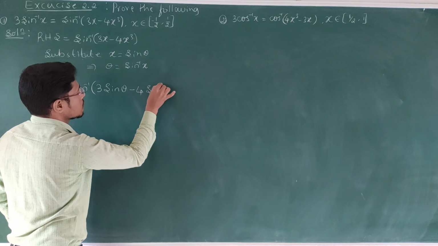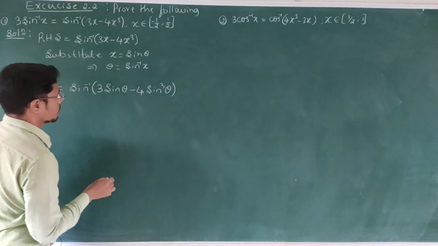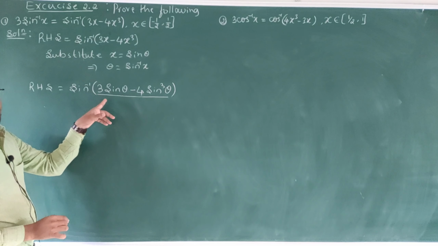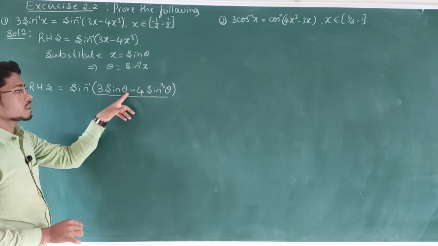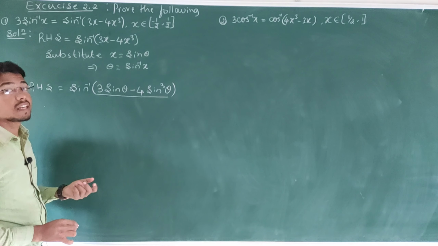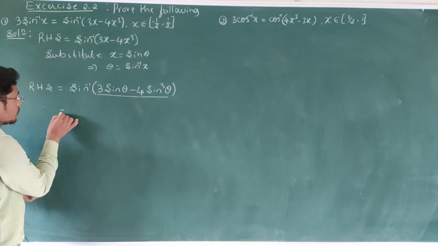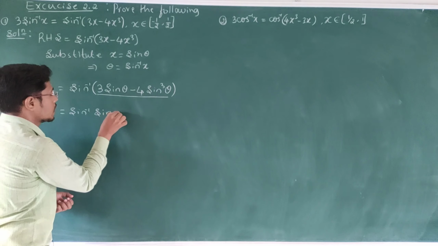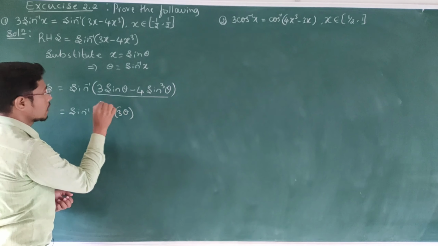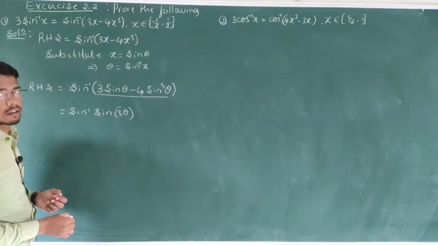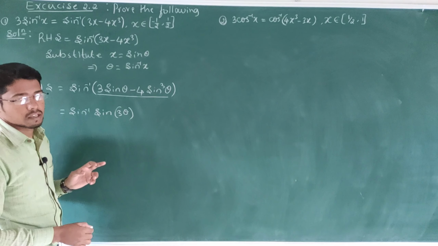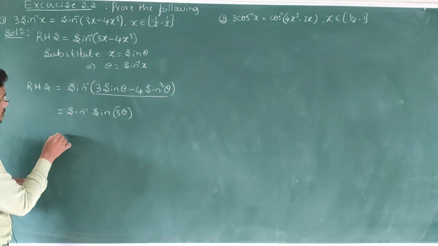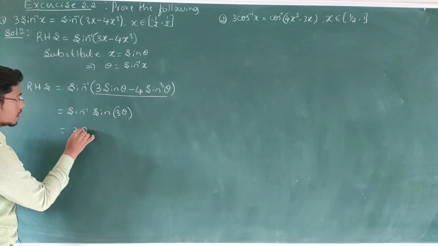We know this formula, 3 sin theta minus 4 sin cube theta is sin 3 theta, a well known formula in trigonometry you have learned in the first few classes. So sin inverse of sin 3 theta, here sin inverse and sin will get cancelled, the remaining is 3 theta.